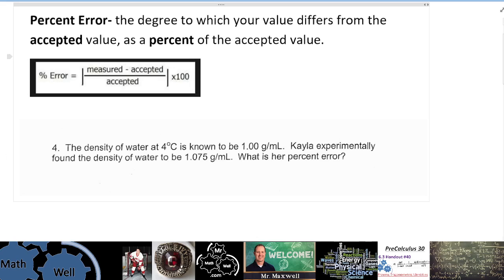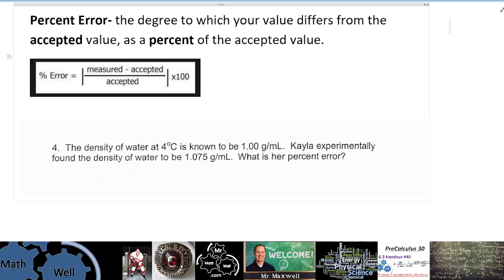So percent error, and I'll let you fill in your blanks here on your paper and your notes, is the measured value. Okay, first of all, these straight lines are there for a purpose. Those are absolute value signs, okay? They're absolute value. So we generally deal with absolute value. There are cases where we would state a sign, a positive or negative, in front of the percent error, and I'll talk about that as we go through this lesson.